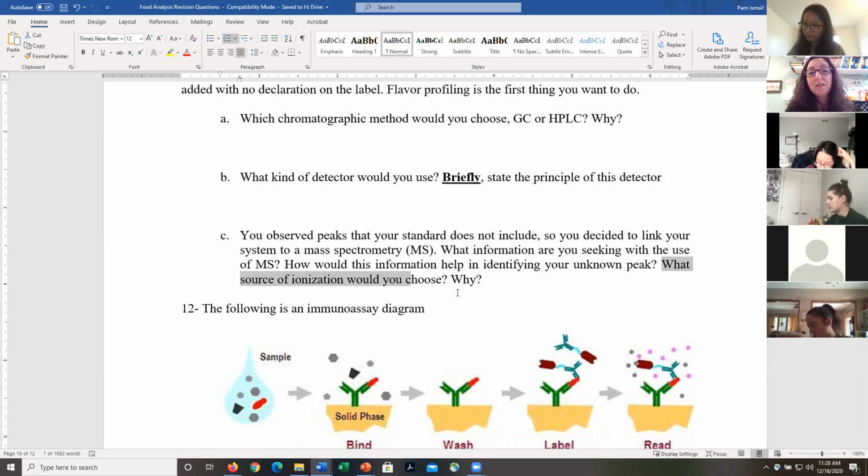So with LC, the most common one is ESI, which is electrospray ionization. There are other forms of ionization, of course, MALDI, ESPI, and another chemical ionization. There are so many, but try to remember electron impact is with GC, ESI is with LC. ESI is soft ionization.